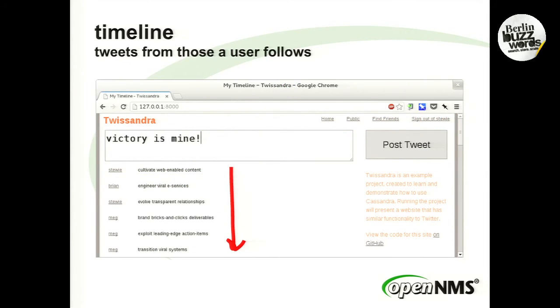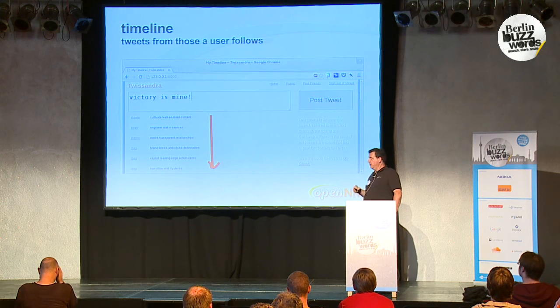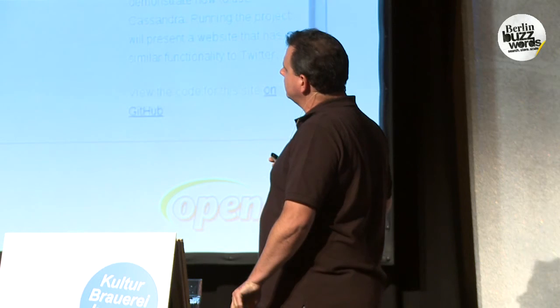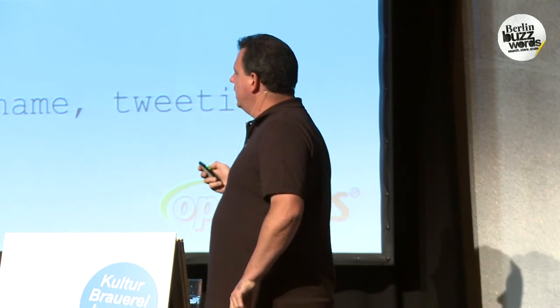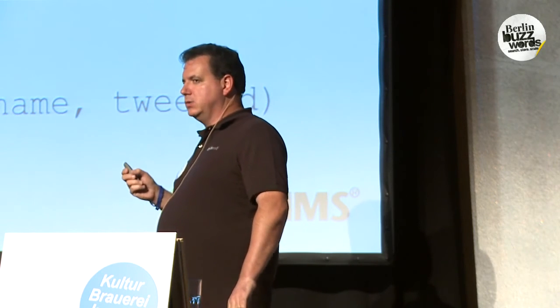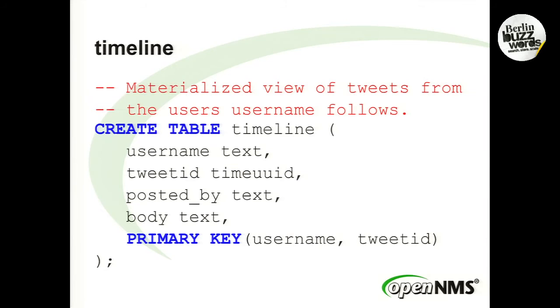Okay, so we also need the timeline, which is all of the tweets that a user is interested in, all of the ones from the people he or she follows. For this, we'll create another table that looks almost like the last one, with the exception of an additional attribute called posted by.